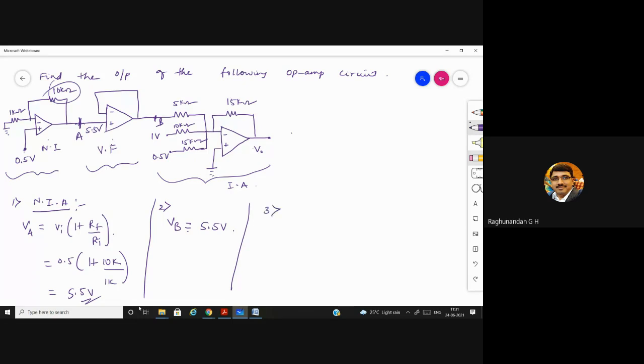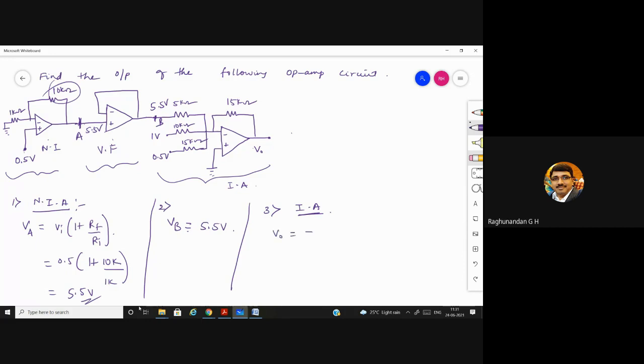Next, the third one. Now, at this point we need to take 5.5 volt and it is an inverting adder. So now we will consider it, and first we'll write the equation.